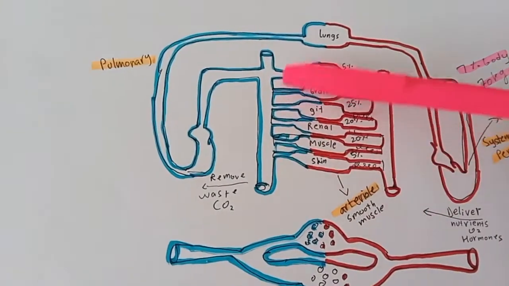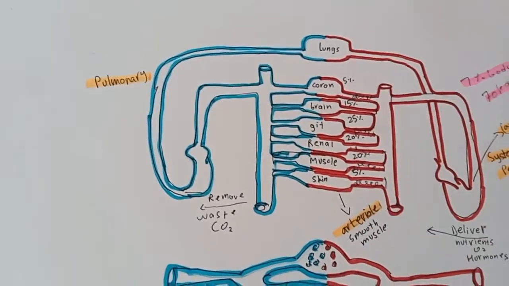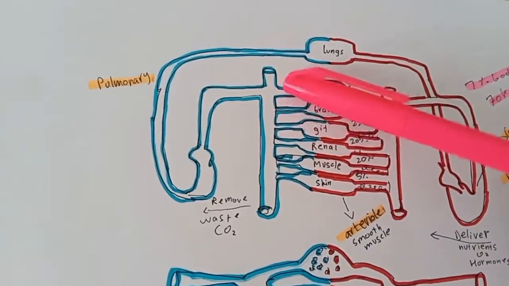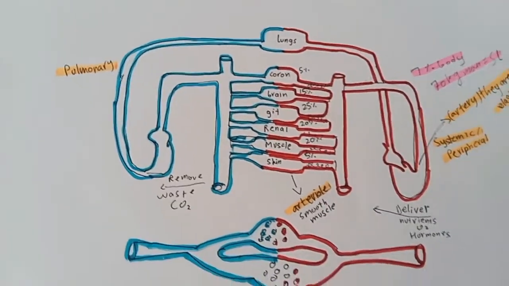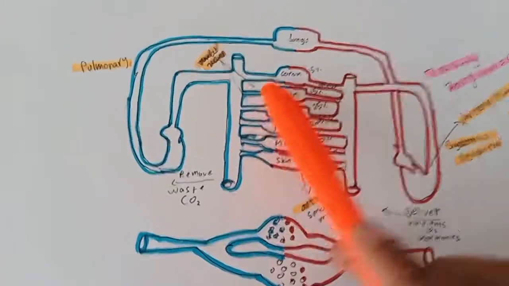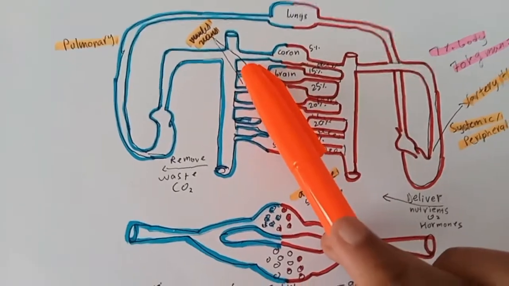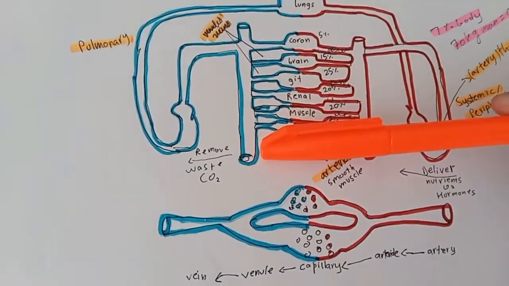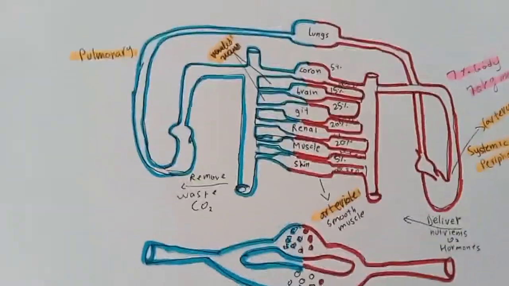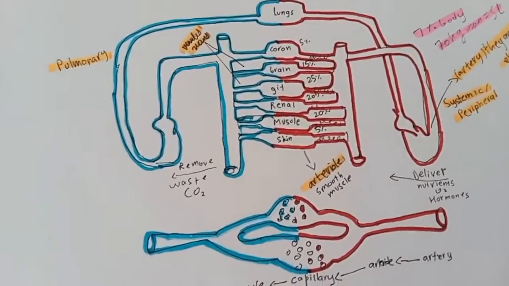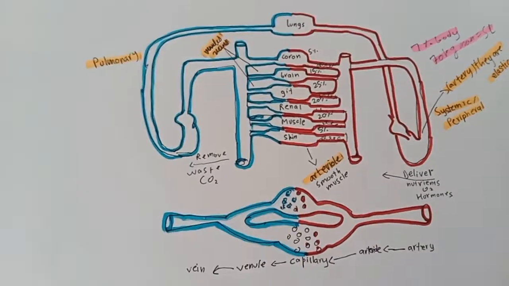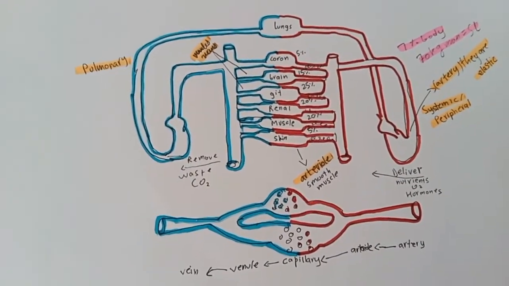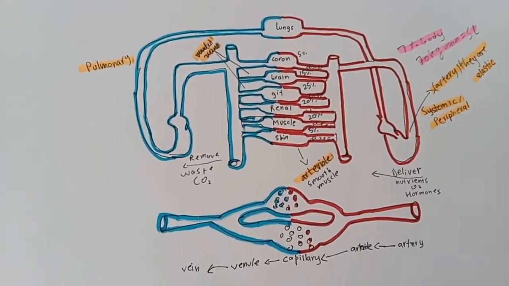The capillaries are present over here, and the parts after capillaries are venules and veins. So these are veins and these are venules. This is basically the site of exchange, where you receive lots of metabolic byproducts and deliver oxygen and nutrients.